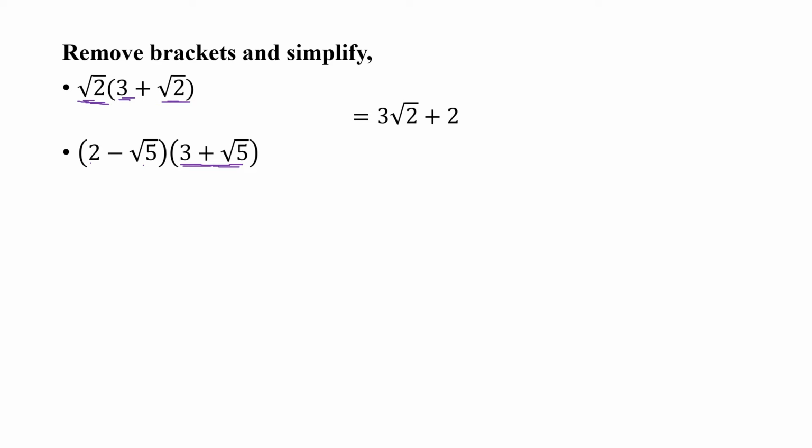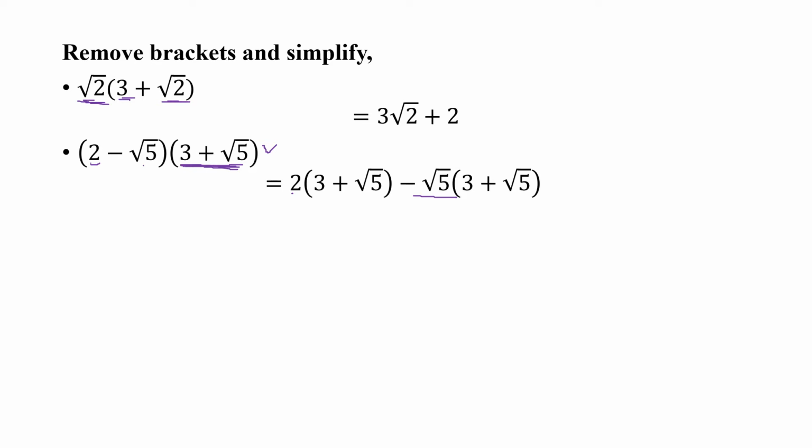Minus root 5 is also multiplying the whole of this bracket. So we can rewrite that expression like this.